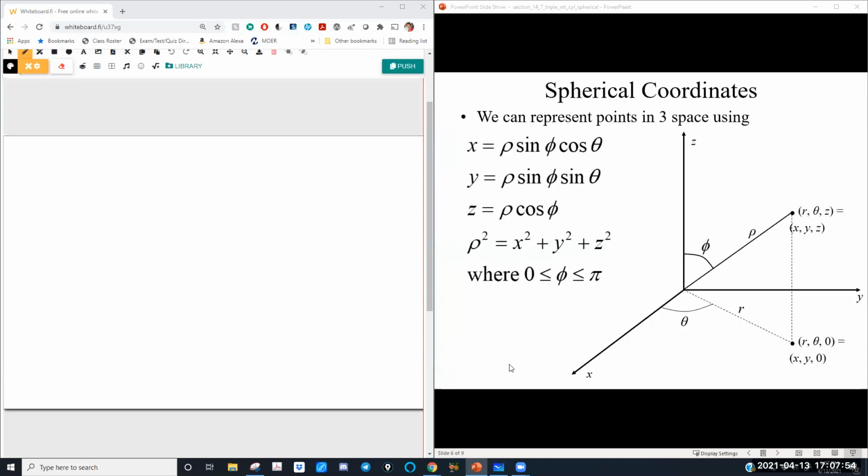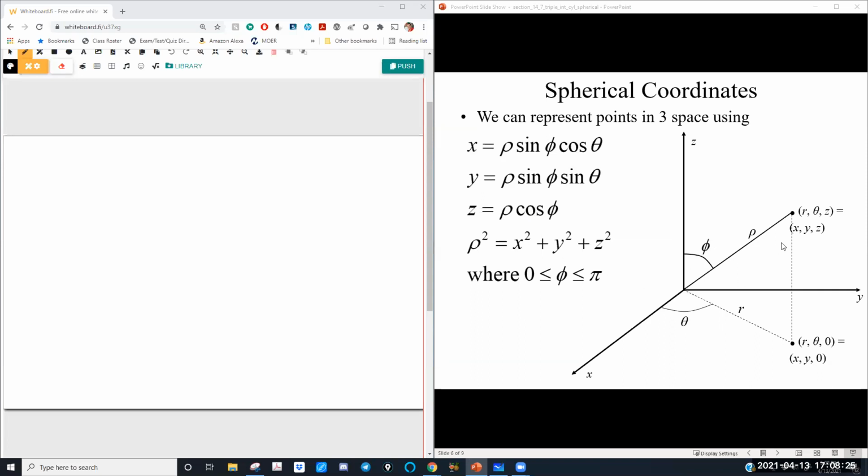So spherical also was something we looked at in module 2. I know the transformations look a bit nasty, but again, it's not something we have to memorize. It really is all right angle trig: x is rho sine phi cosine theta, y is rho sine phi sine theta, and z is rho cosine phi.